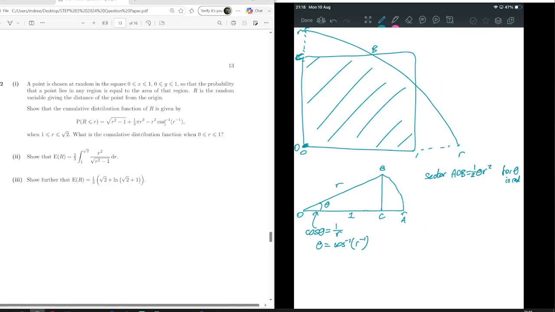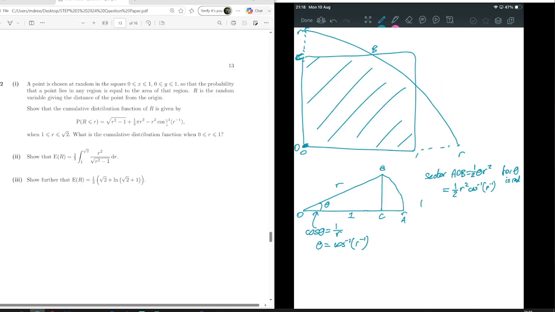So that gives me my angle. So that gives me my area of the sector, therefore, a half r squared cos inverse of 1 over r, which again is really promising because that is this term here once I double it up. But that's not the region I want, that's the sector.